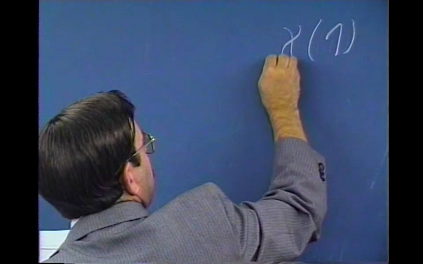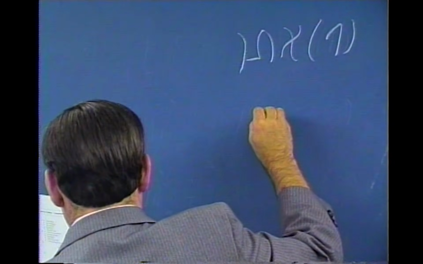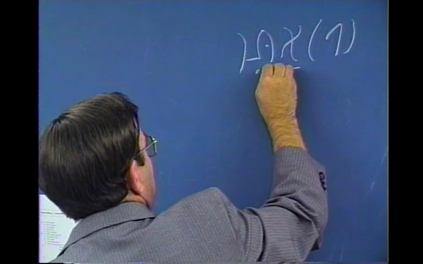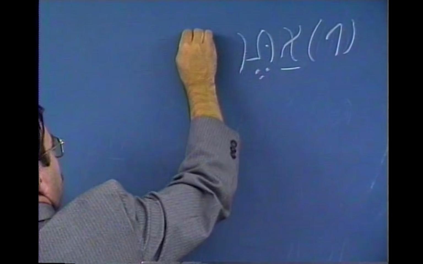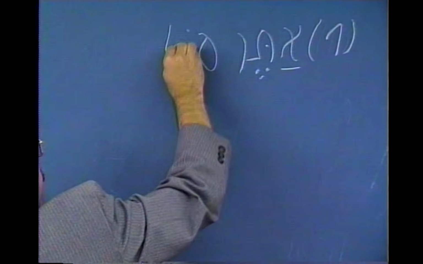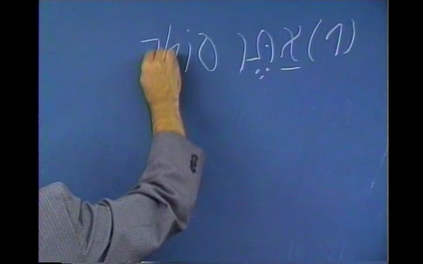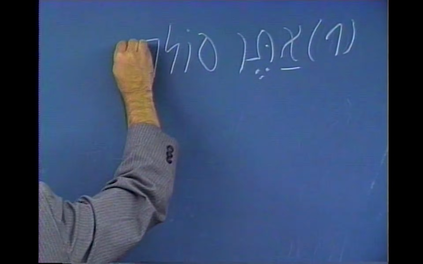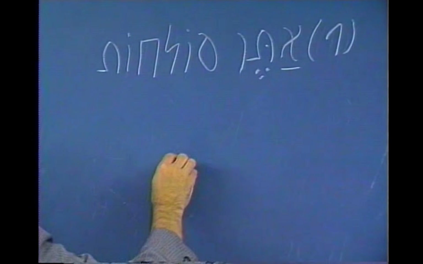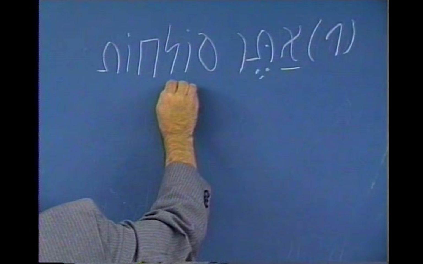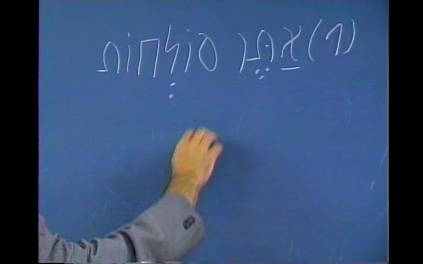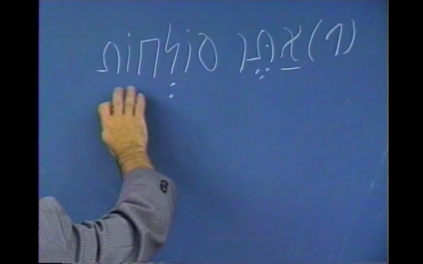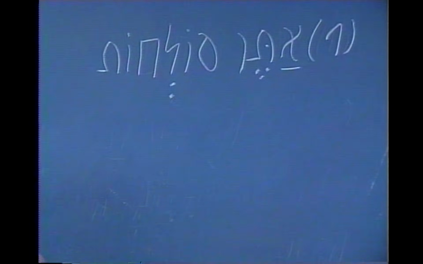This would be 10, like that. And then the word forgive, feminine ending on that, and we would put the shava right there. You forgive. Now this translates all by itself, the feminine forgive, but we're saying you forgive.